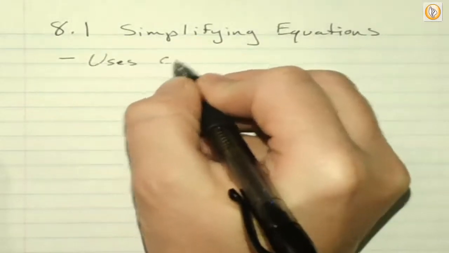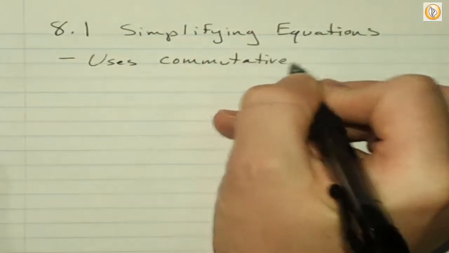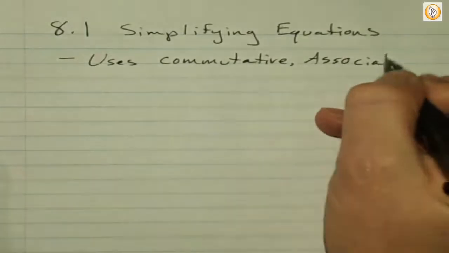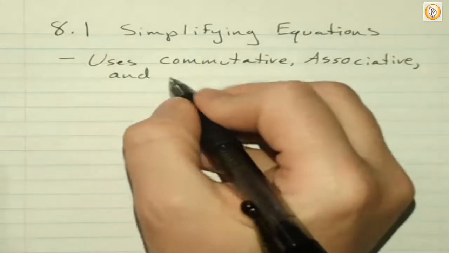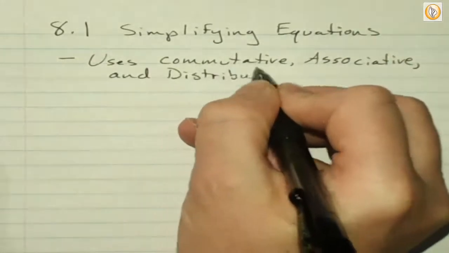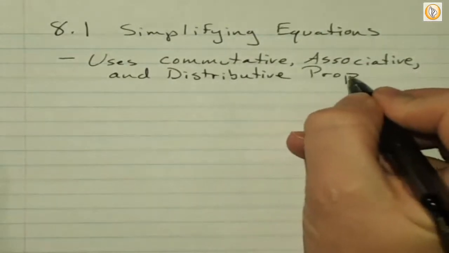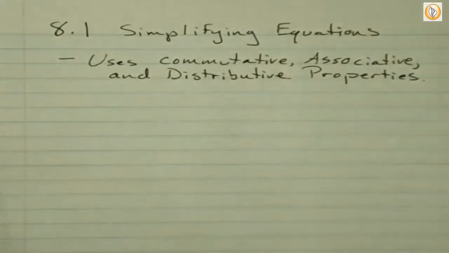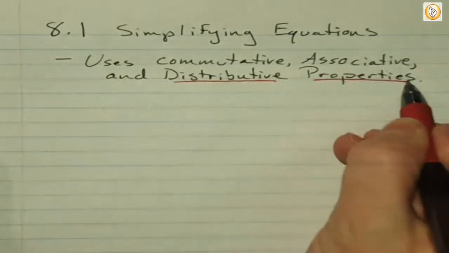It uses commutative, associative, and distributive properties. Now, we haven't really gone into a lot of the properties because y'all just do it out of common sense. But we've talked a lot about distributive properties.